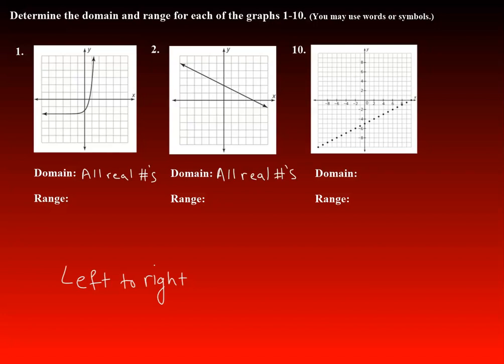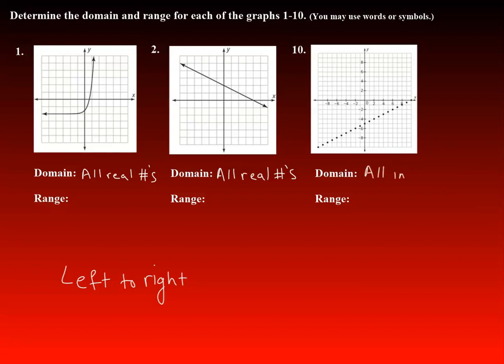So hopefully for 2, you got all real numbers. As for 3, you're going to notice that all these dots fall on a line, and all the lines are integers. So this would be the set of all integers. Actually, let's go easier for you.